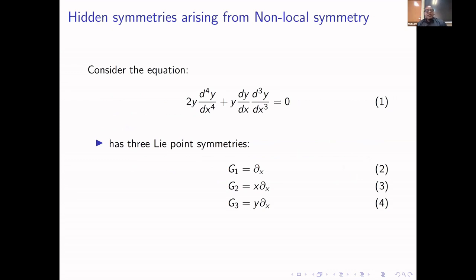And now, let me give you a few examples to understand, then I will take you to the model. Considering this fourth-order differential equation, analyzing it from the Lie point of view, we got those 3 symmetries, from equation 2 to equation 4.